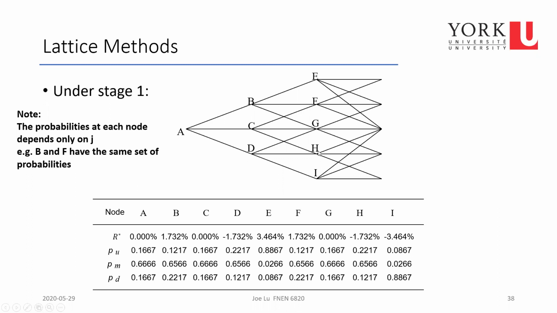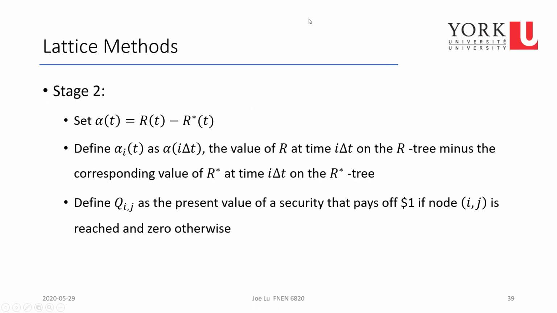D and H will have the same probability of branching out. So there is actually structure here that you can take to fill out this table immediately to help you fill them out faster. Now we're moving to phase 2.